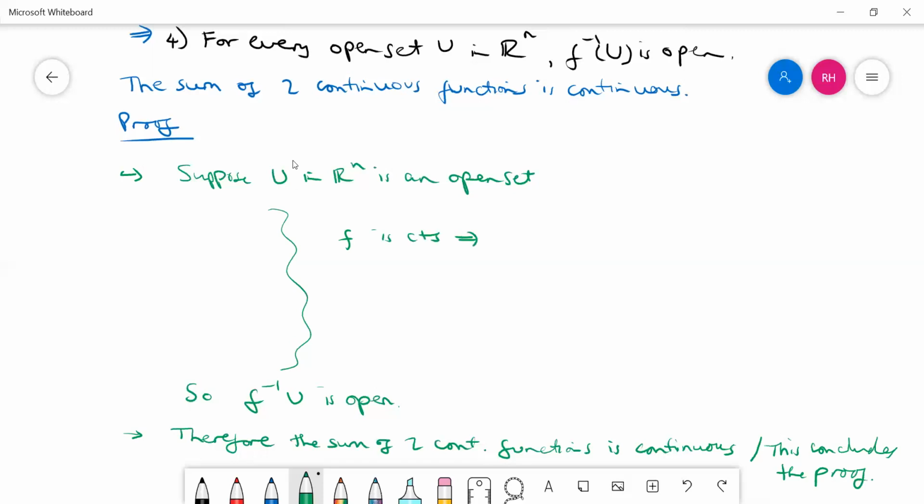Therefore, the pre-image of U under the function f will be open. We can take that as a given, because that's what it means when we say the sum of two continuous functions. Well, f is continuous, that's what it means to be continuous in terms of this open set idea. And similarly for g.